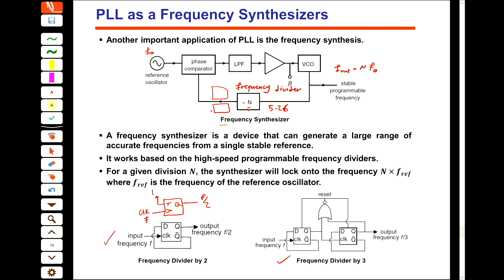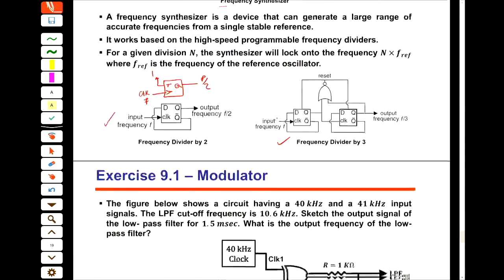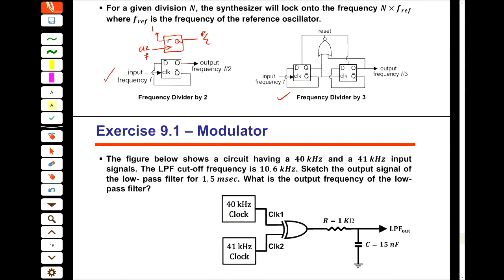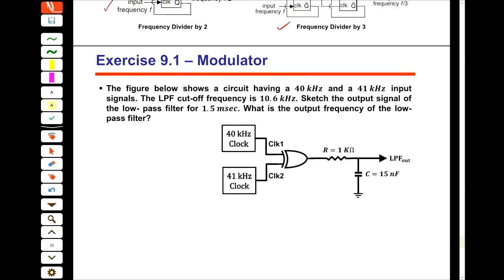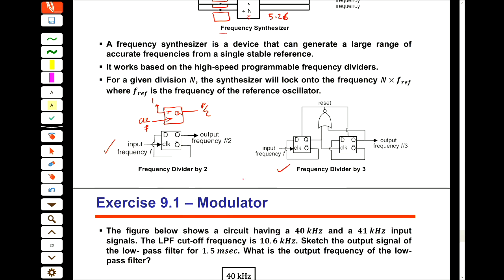And this could go, for example, up to a number, and this could go up to a number. So you can then exactly generate any value that you want. The fractional synthesizers are available up to, I don't know, tens of gigahertz.